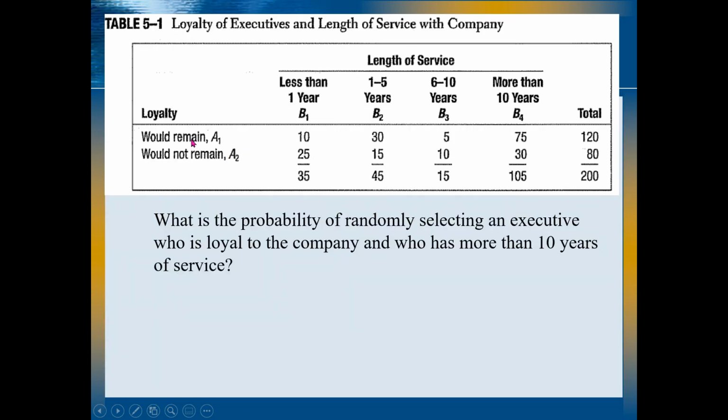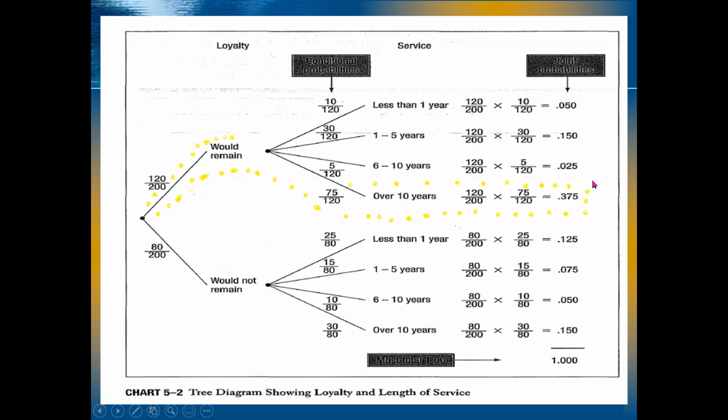The sum of all these numbers is 120, and what these numbers represent is that 120 employees are expected to remain loyal and 80 are expected to not remain loyal. So 120 divided by 200 is the probability of remaining loyal, and 80 by 200 is the probability of not remaining loyal. That's how we have filled these branches.